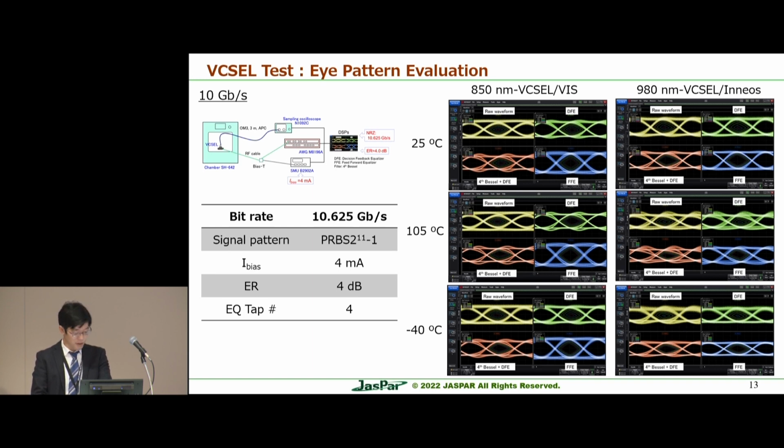At 980 nanometer, this distortion of the low waveform is not noticeable at high and low temperature, but sufficient eye aperture can be observed by applying various types of DSP. In both 850 and 980 nanometer wavelengths, we have confirmed that 10 gigabit per second VCSELs met the IEEE standard and were available from multiple vendors.